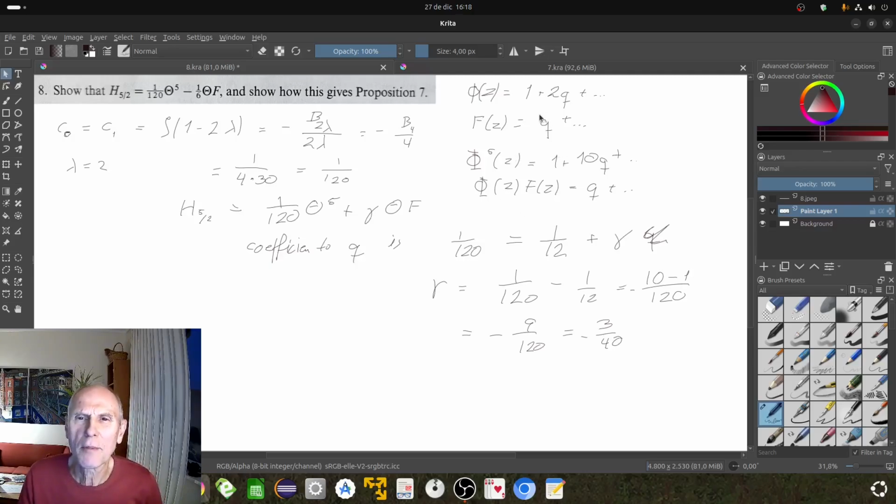And when we multiply with q, that gives q plus 2q squared, etc. Of course, C2 vanishes.